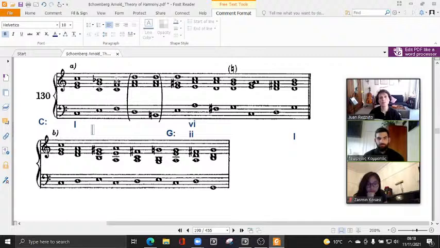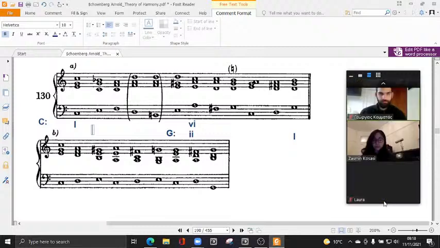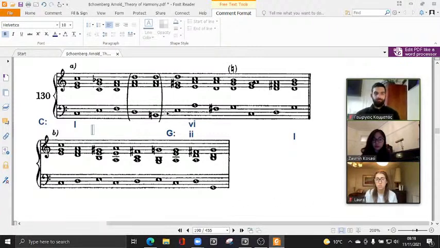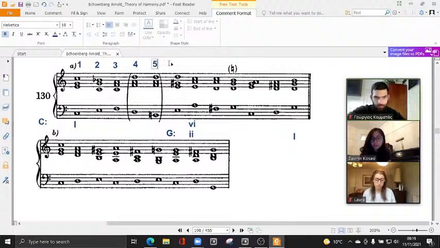Now, first of all, which is this chord? Chord 3. So you have 1, 2, 3, 4, 5, 6, 7, 8, 9, 10, 11, 12.